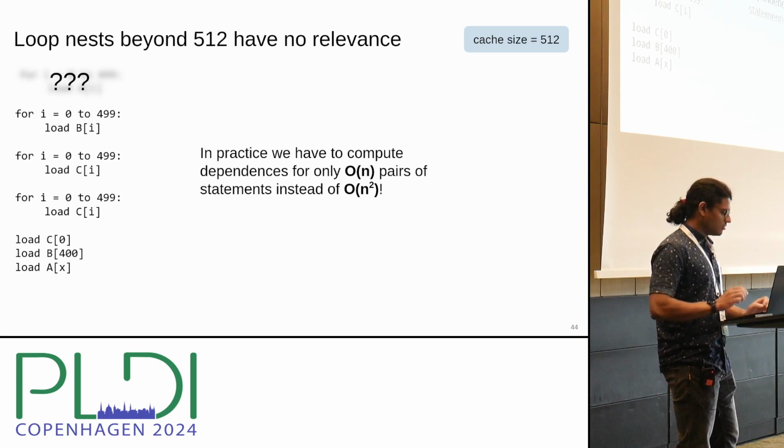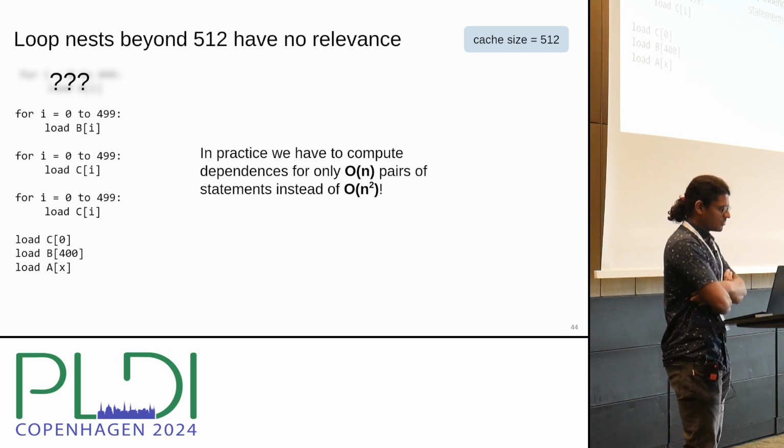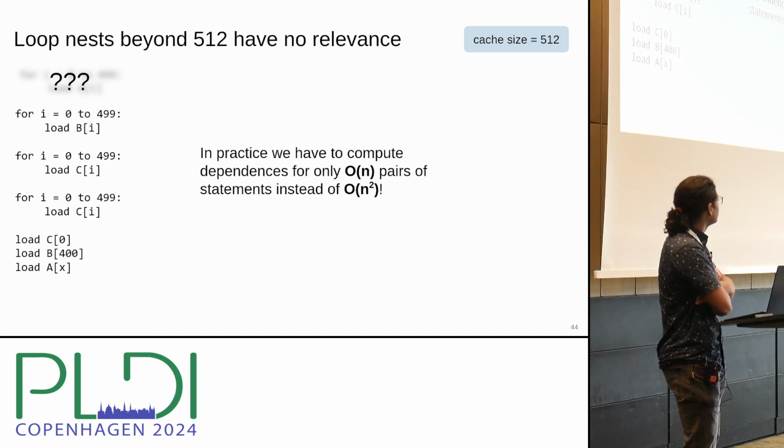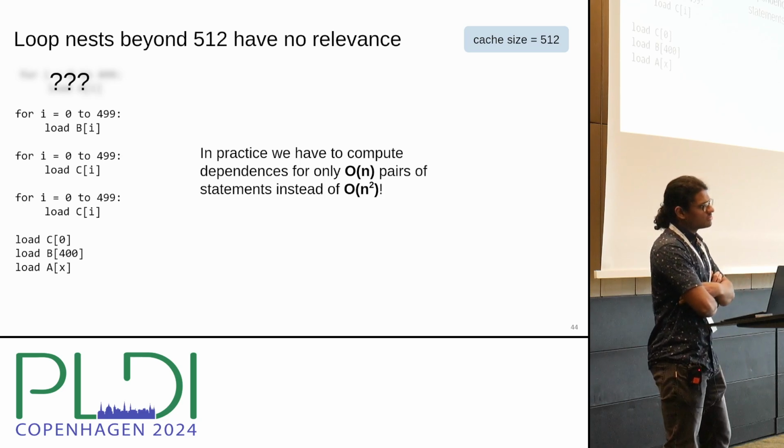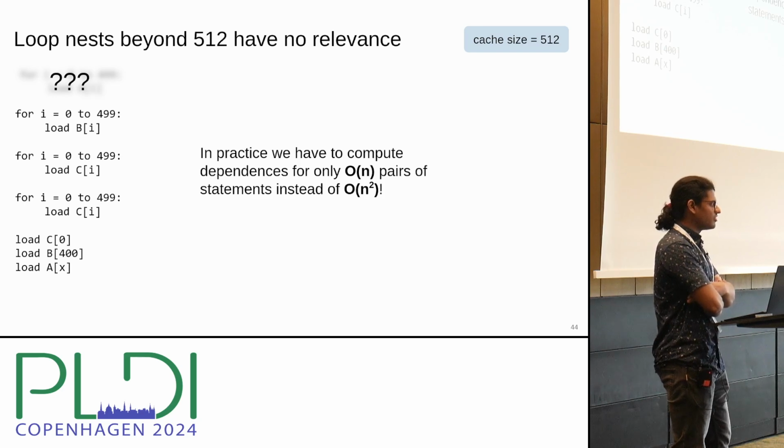So what this means is, when we're doing this kind of dependence analysis, if there was some dependence that was really far away, then in general dependence analysis we would have to go all the way there to find out what the exact dependence is. But in this particular application domain, we only care about whether it's a hit or a miss. So we want to find out if it's near or really far.